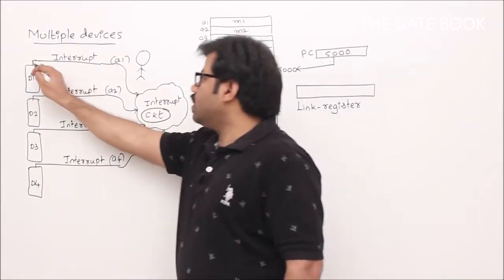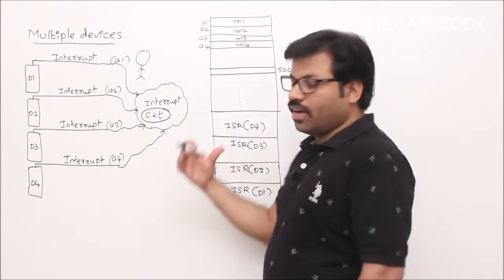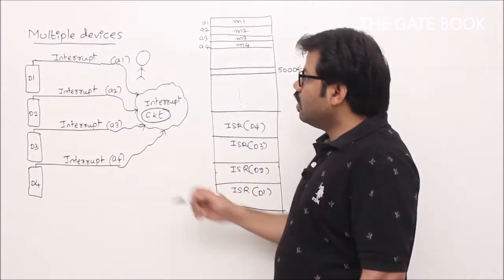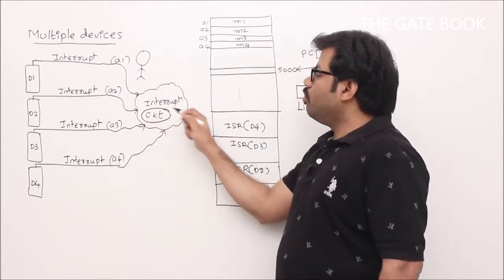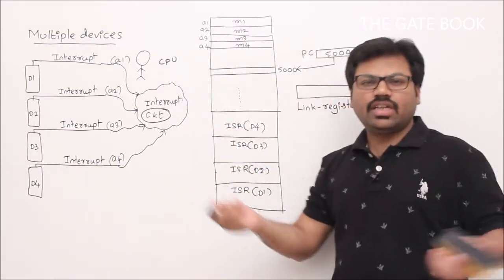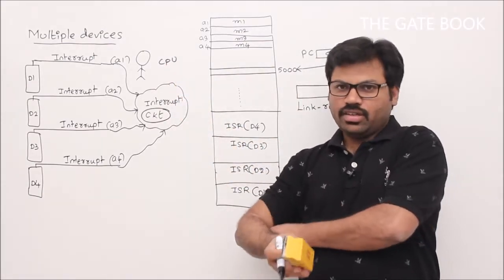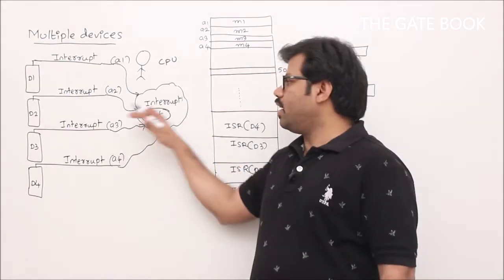Whenever D1 generates an interrupt, the interrupt circuit takes care of things. The device says: my dear circuit, please tell the CPU that I am interrupting. Then the CPU can do whatever it wants, but please inform. Similarly, other devices also can generate interrupts.